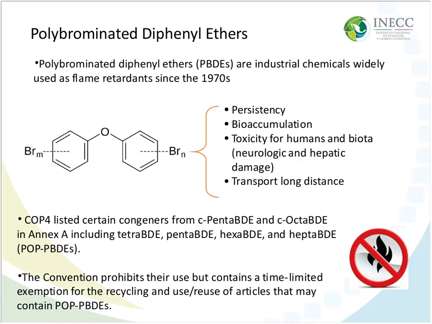These chemicals were used from the 70s worldwide, and because of their chemical properties they also had some persistency in the environment, the capacity to bioaccumulate, and it has been proven by science that these chemicals are toxic for humans and biota, and they can also travel long distances, and that was the reason they were listed in the Stockholm Convention.